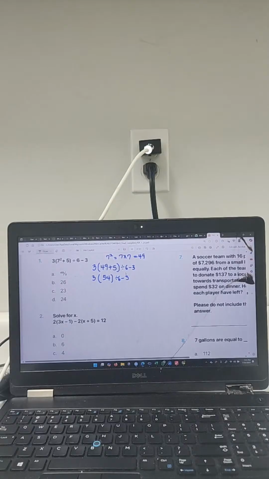Using PEMDAS, you look at the parentheses. We solve the parentheses, right? Then do we have an exponent? No. Then do we have multiplication?